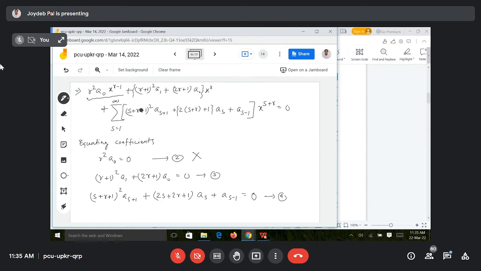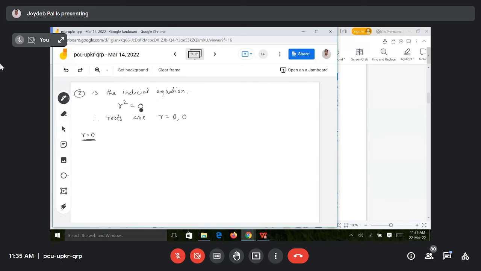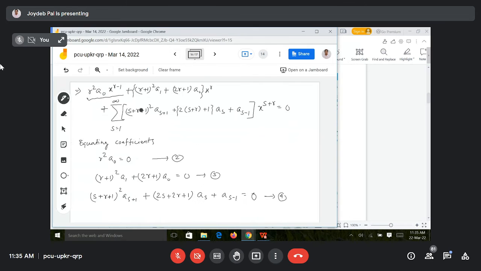Okay, so for r is equal to 0, now tell me what will be equation number 3. If you take r is equal to 0, then it is a1 plus a naught is equal to 0, right? I have put the value of r in equation number 3. Yes, sir.